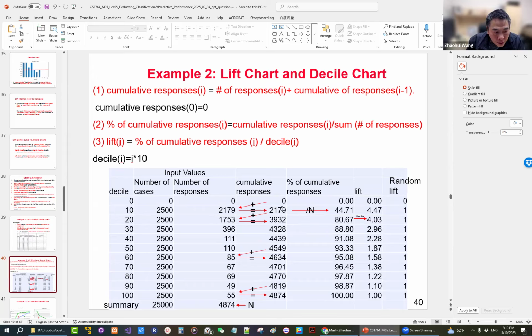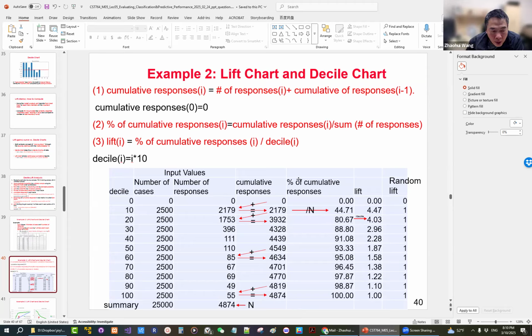For the first decile, 2179 plus 0 is 2179. Then the previous cumulative value 2179 plus the current response 1753 gives 3932. Next, the response 396 plus 3932 gives 4328, and so on.